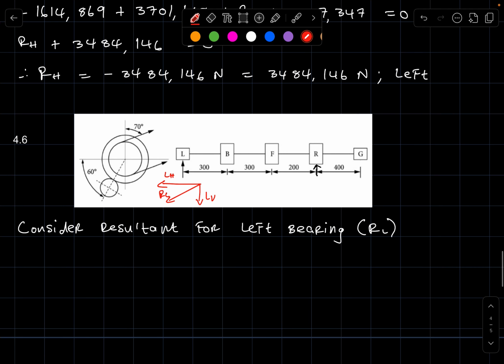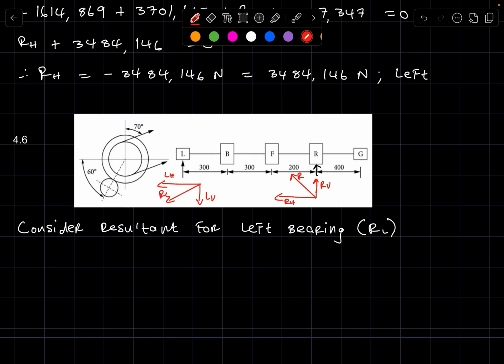So you have your RV and then you have your RH, which means the resultant of the right hand bearing is acting somewhere there.